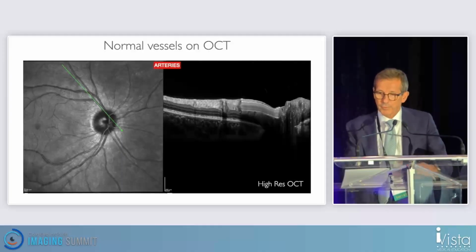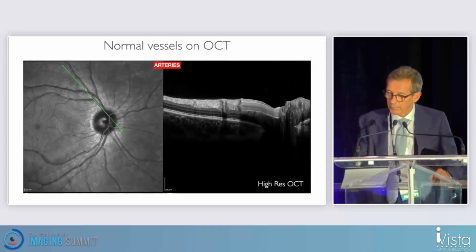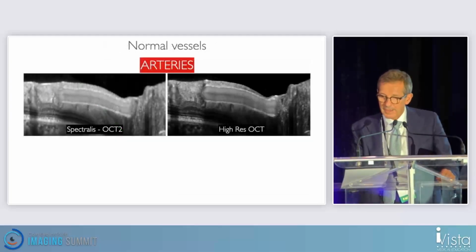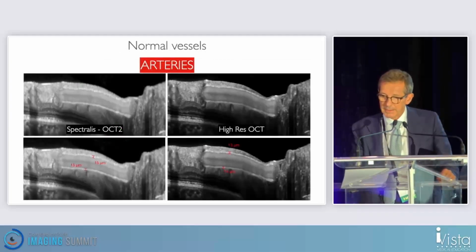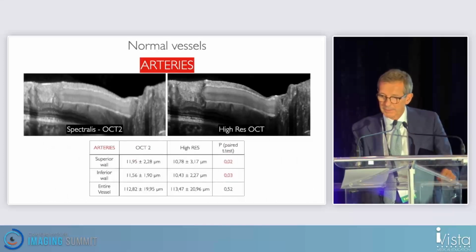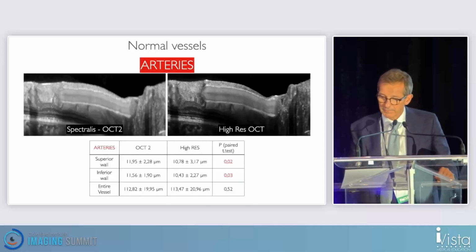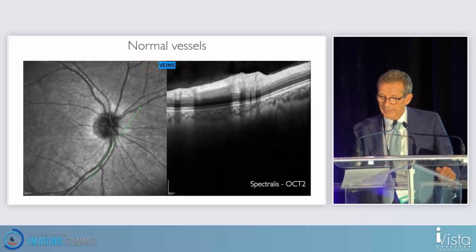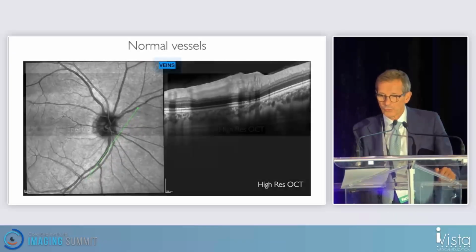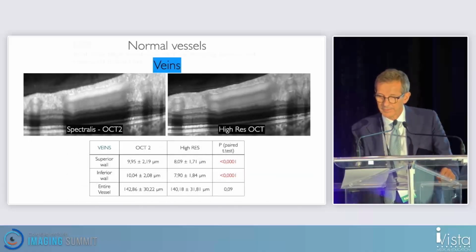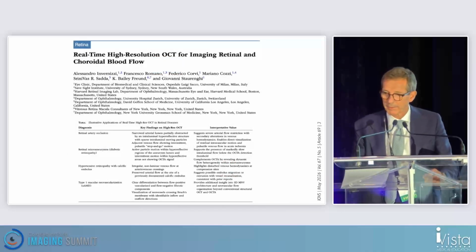And of course, for the same reason that I said for the BLD, also the size of the vessels can be identified much better. And so we can actually identify the vessel wall thickness more precisely, and that could be also useful if you think of detecting some diseases, for example, hypertension.